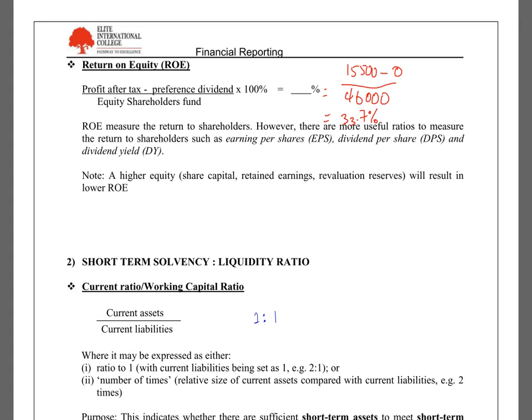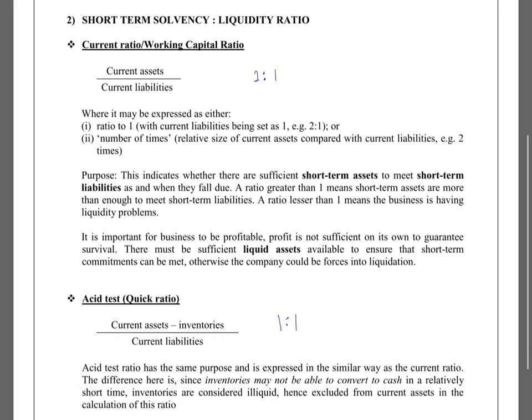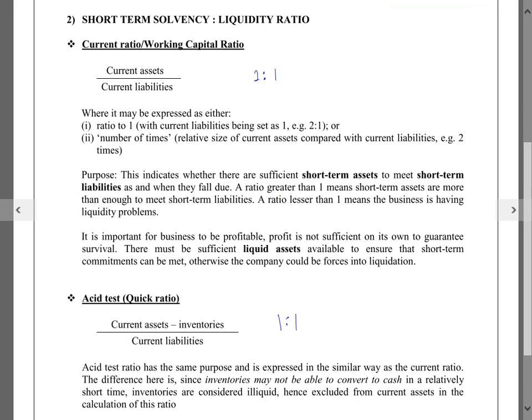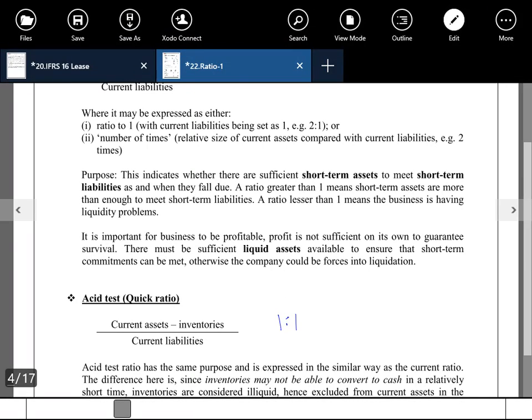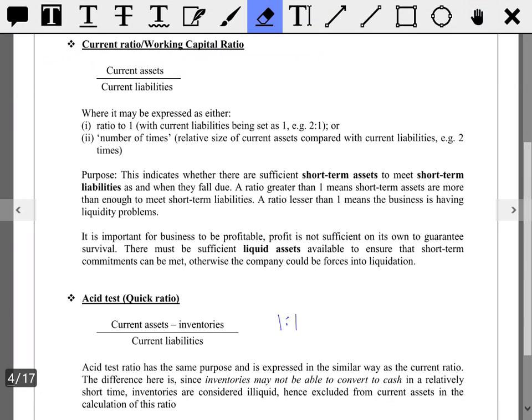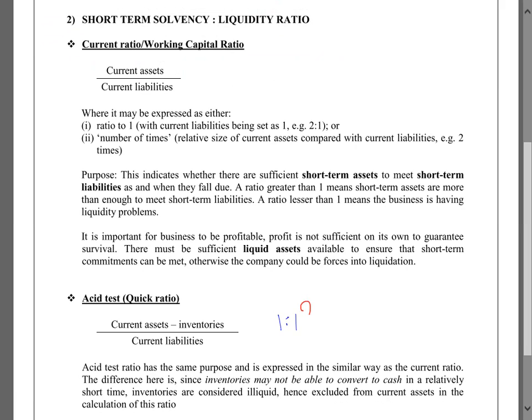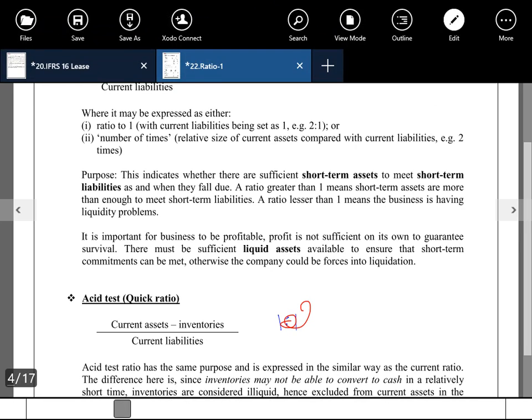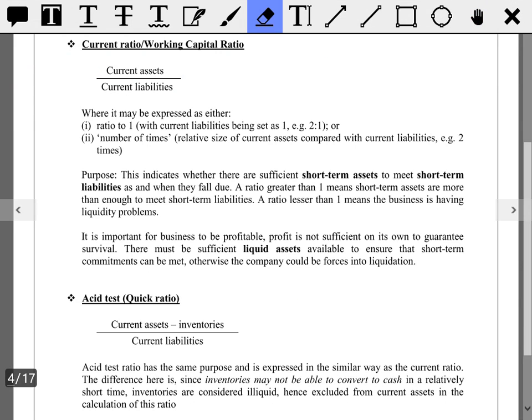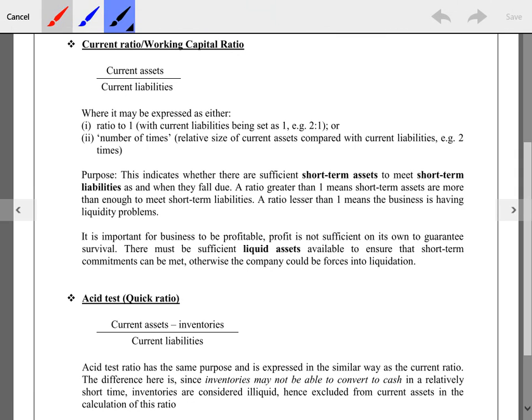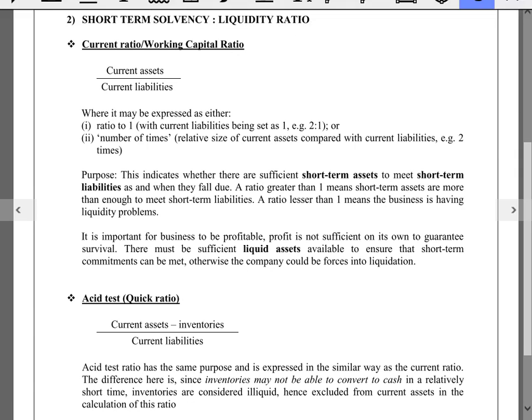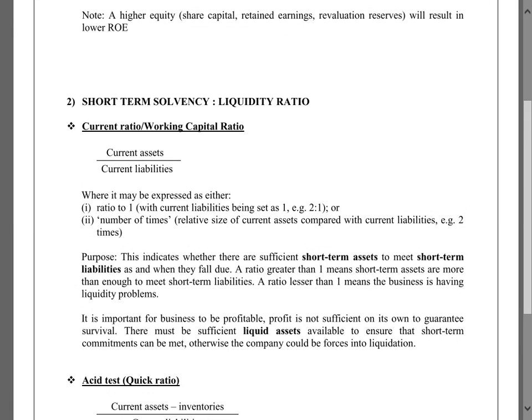Okay. Next is current ratio, current asset divided by current liability. Ideally, it should be 2 to 1. Let's look at this company. Current asset divided by current liability. How much?